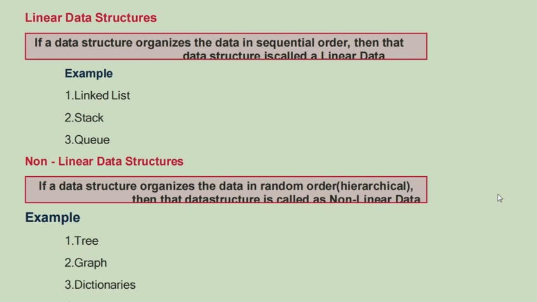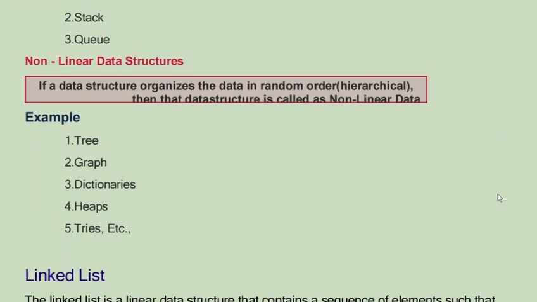This is the sequential order of your class roll numbers, right? So we are arranging the data in a sequential order, that means order wise, 1 after 2, 2 after 3, like that. For example, linked list, stack, and queue. These three come under the linear data structures. We'll learn further about linked list, stack, and queue.